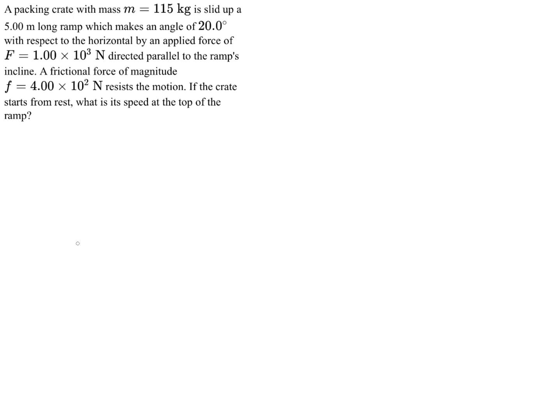So I'm going to quickly draw an illustration of what this might look like. If we say that this is the ground, this is the incline, and this is at a 20-degree angle, I'm just going to put theta here for now. Say that this dot represents the crate. Perpendicular to the incline, we have the normal force that keeps it up.